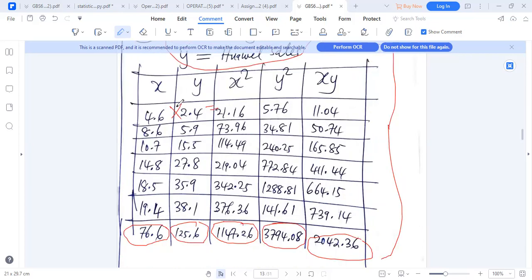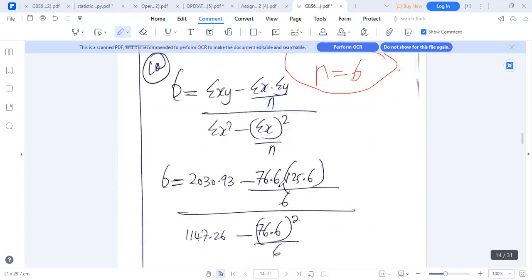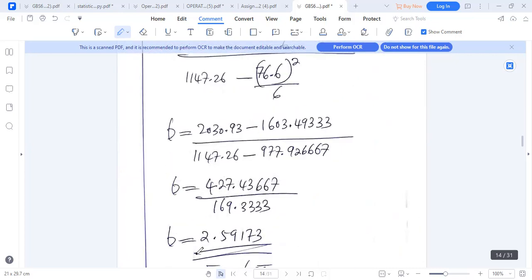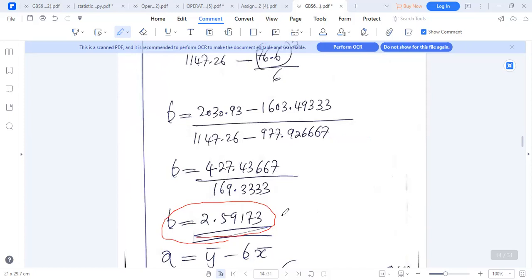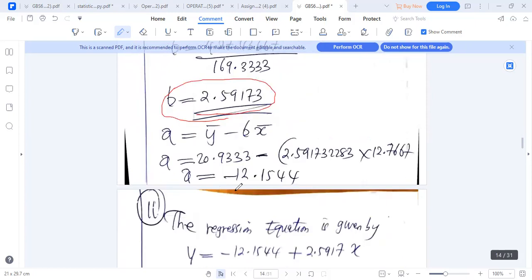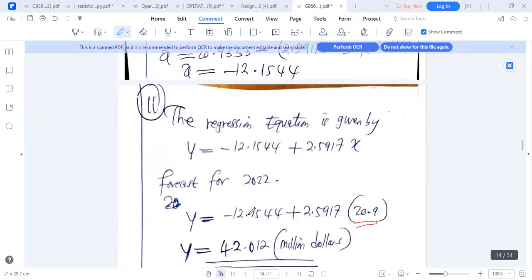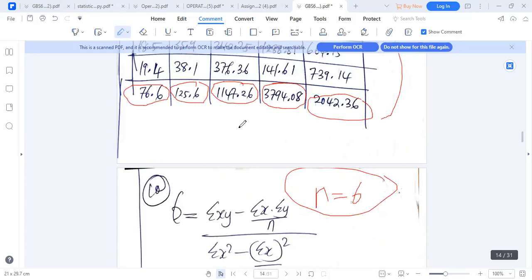You square X at a time, Y is there, Y square and XY. Then you get a beta of 2.59173. Then substituting in this other formula, we get alpha as negative 2.1544. Then we're trying to find the actual figure when X was 20.9 billion.